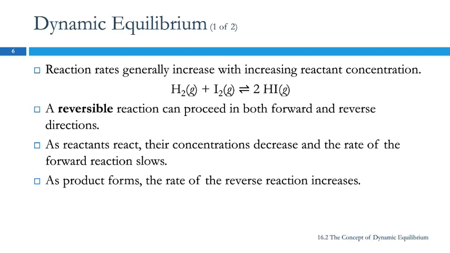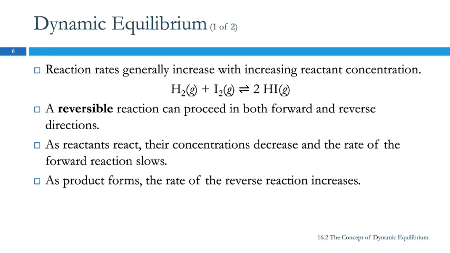So we learned that reaction rates increase with increasing reactant concentration. In a reversible reaction, the reaction can proceed in both the forward and the reverse directions. As the reactants react, their concentrations go down, and the rate of the forward reaction slows down.